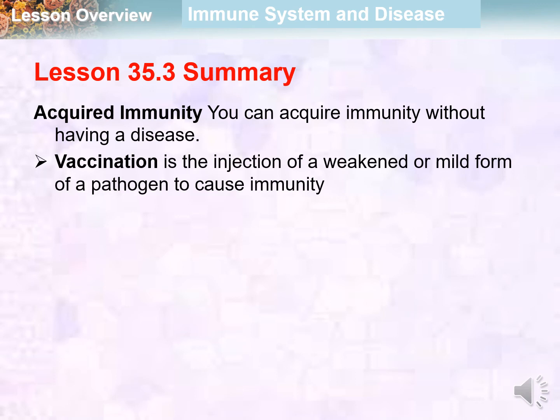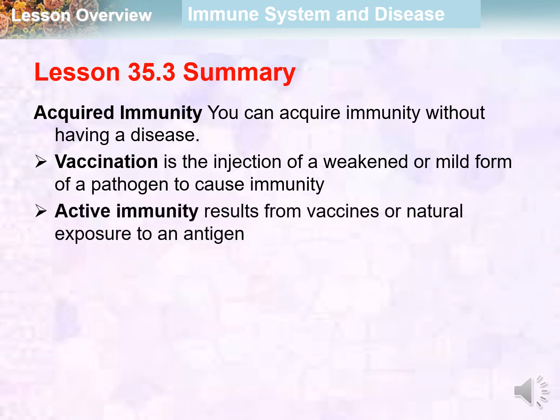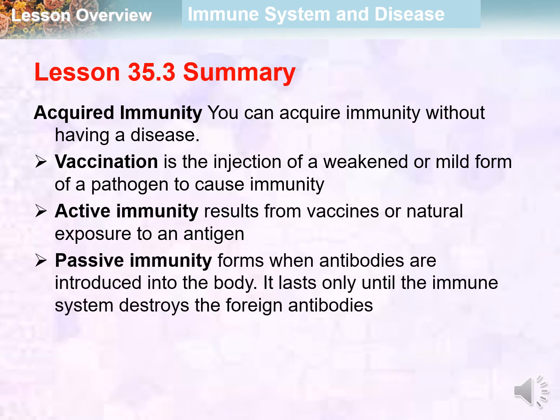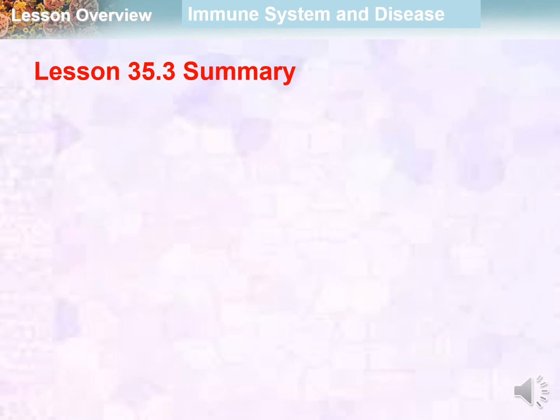Vaccination is injection of a weakened or mild form of a pathogen to cause immunity. Active immunity results from vaccines or natural exposure to an antigen, and passive immunity forms when antibodies are introduced into the body. It lasts only until the immune system destroys the foreign antibodies.